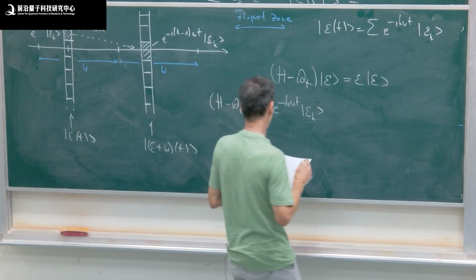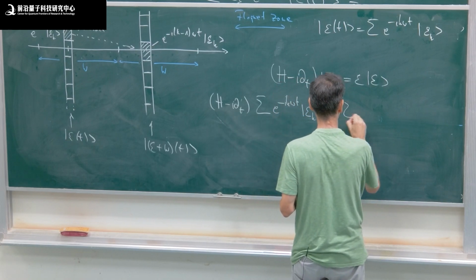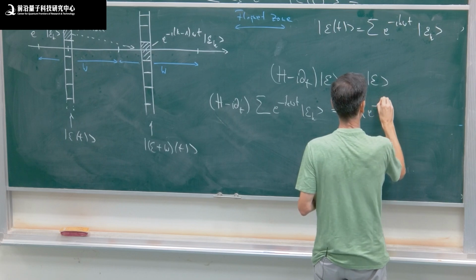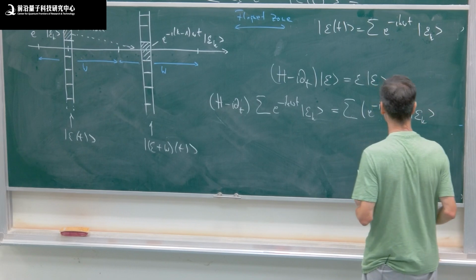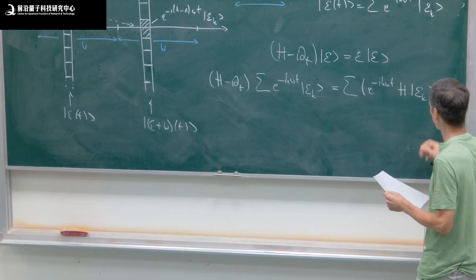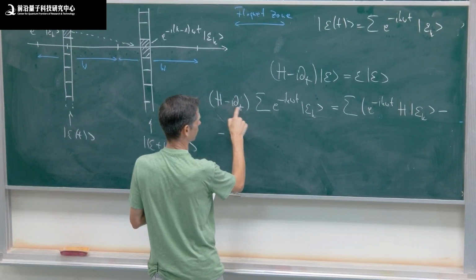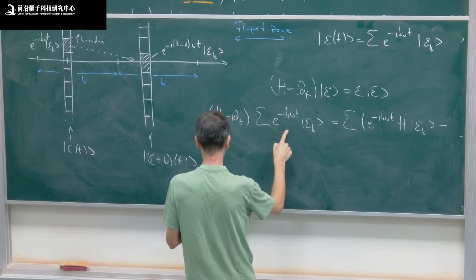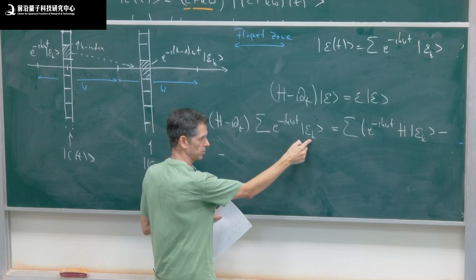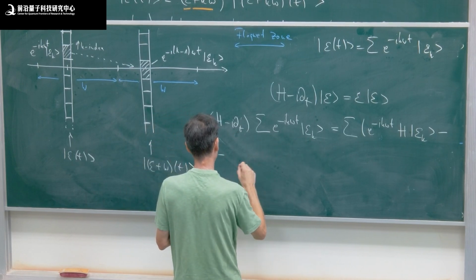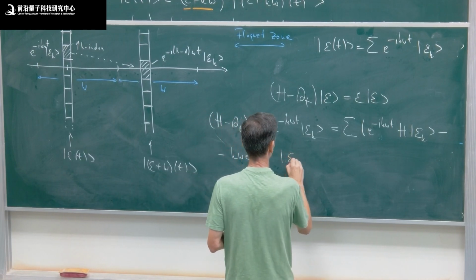First I multiply H in, so I get the sum over e to the minus i k omega t, H acting upon the L2 part of the Floquet state, minus the time derivative. The time derivative acts only upon the exponential, because Epsilon_k is the time-independent part. So I simply get minus k omega e to the minus i k omega t Epsilon_k.